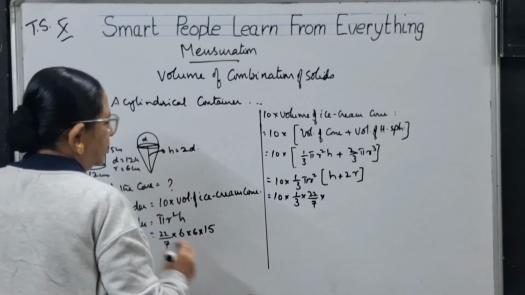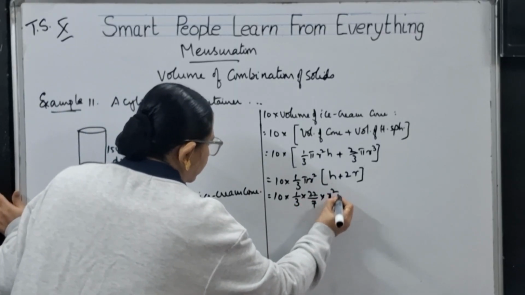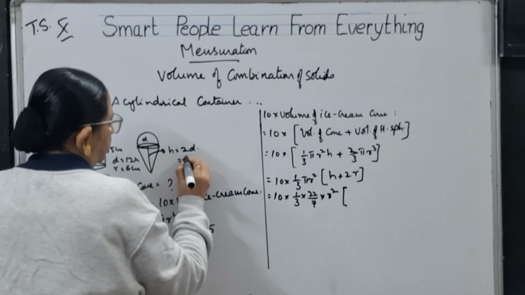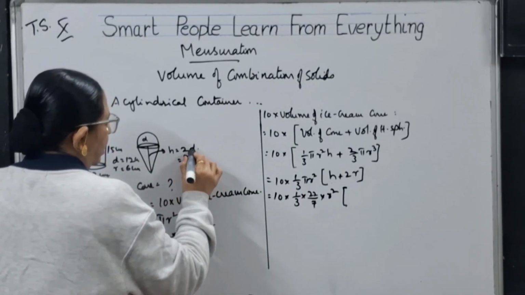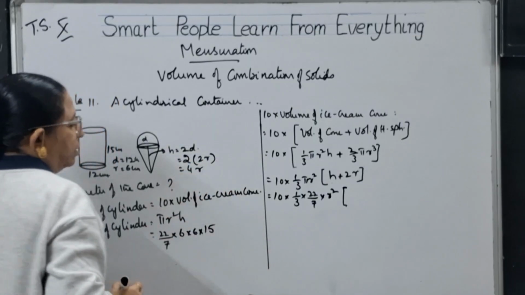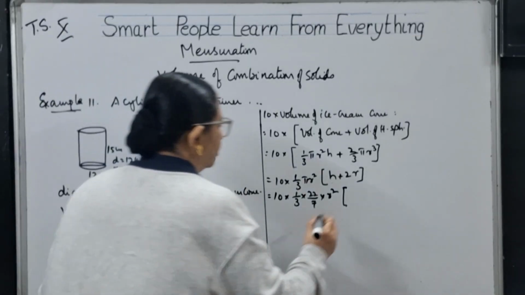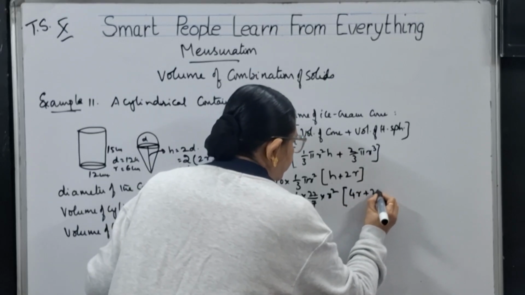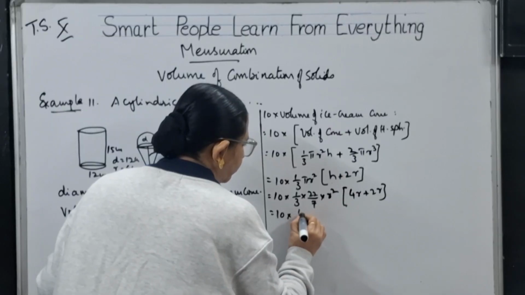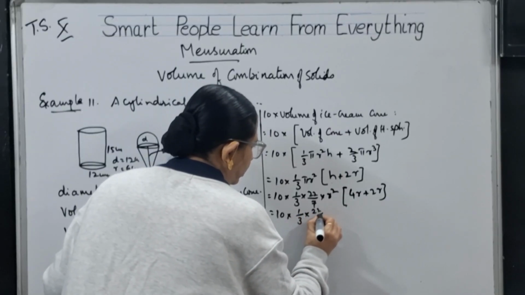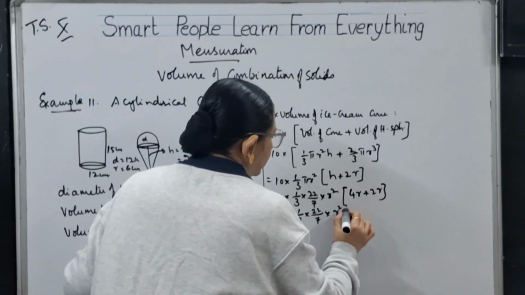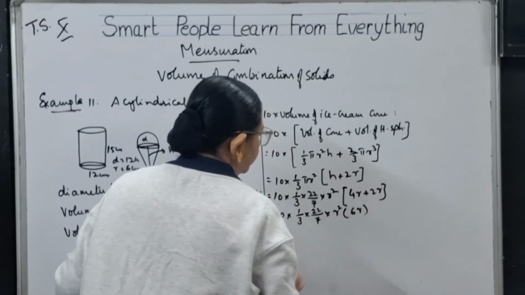Now, 10 into 1 by 3 into 22 by 7 into r square into h. H is 2 times the diameter. Diameter means 2r, so twice that is 4r. H becomes 4r. So this is 4r plus 2r, that is 6r.